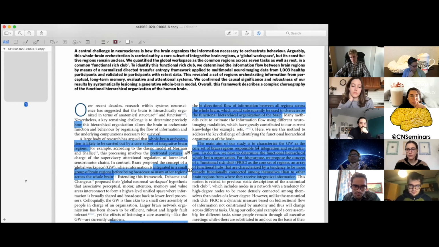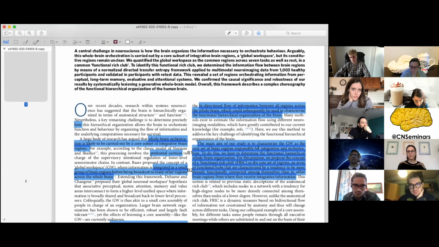The idea is that if you have this global workspace, it should be at the top of the hierarchy, and it will be a core set of brain regions responsible for the integration and the orchestration of the functioning of the brain.